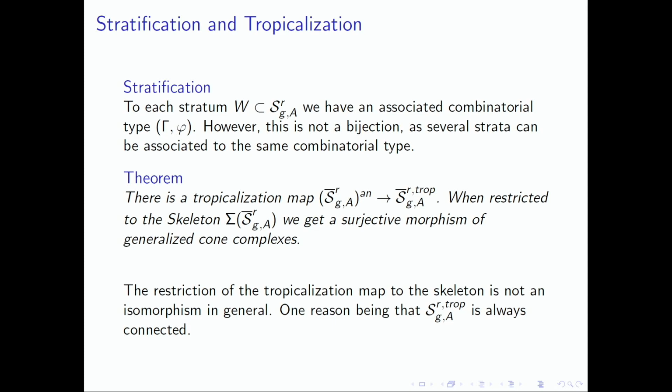So it stays not clear how to refine the combinatorial data to give more cones on the tropical side, and hopefully to give you an isomorphism between the skeleton and the tropical space. So you can try to enrich your combinatorial data to get a finer tropical space, and hope it is isomorphic to the skeleton.